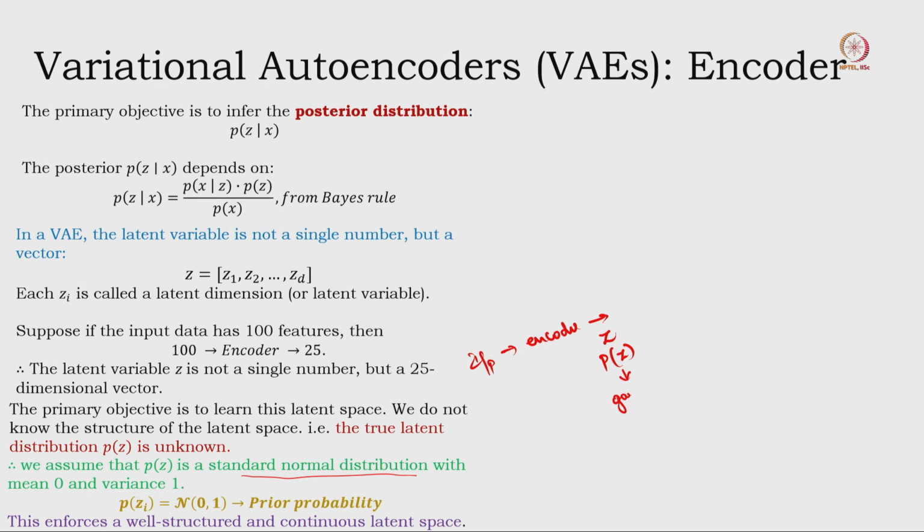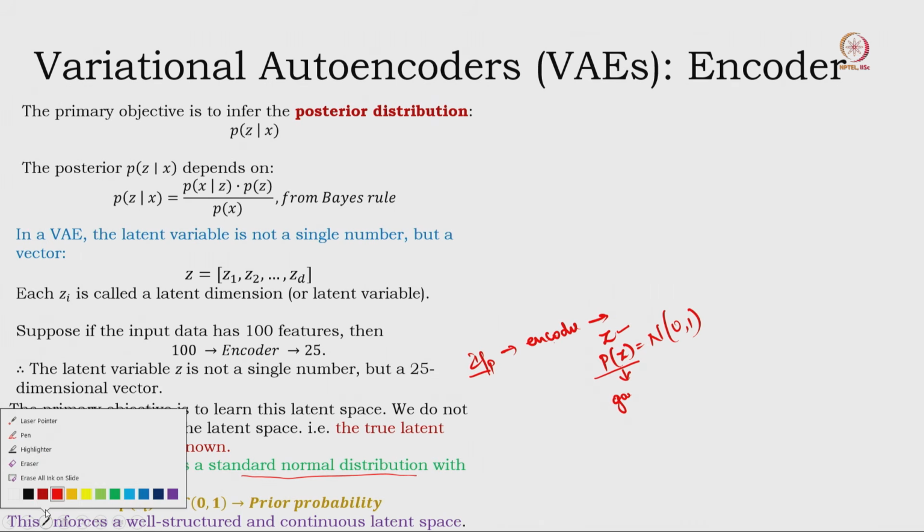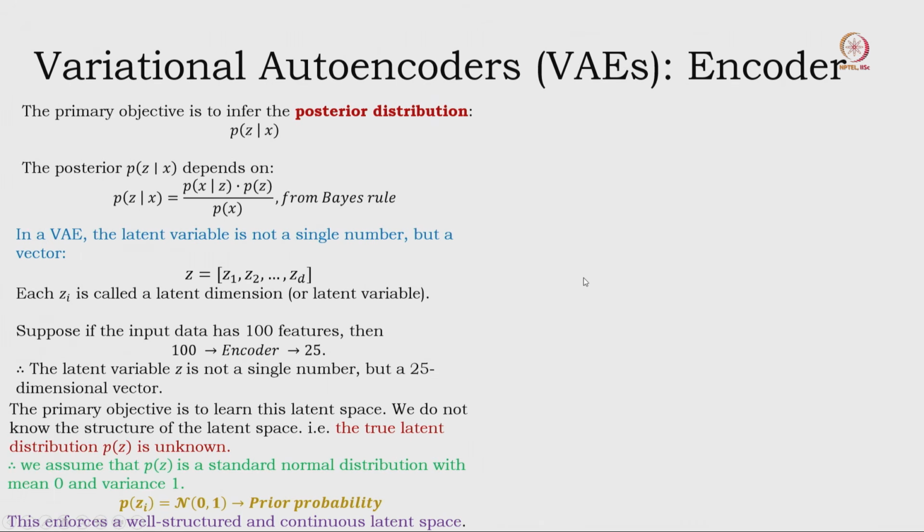This is the first assumption we are making, because from input, when it is passed to an encoder, we get a z. We do not know the probability distribution of this z. Therefore, we assume that it belongs to a normal distribution with mean 0, variance 1. This is the assumption that we are making.